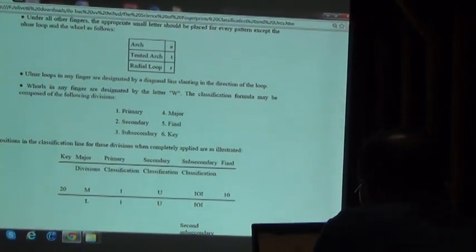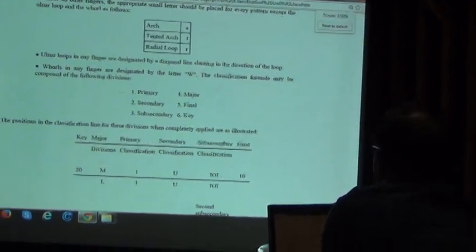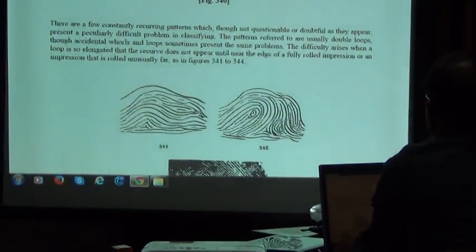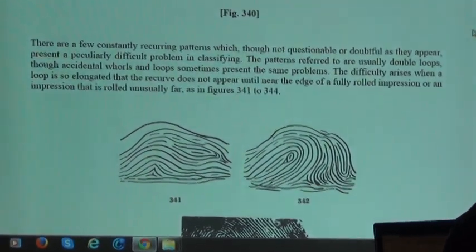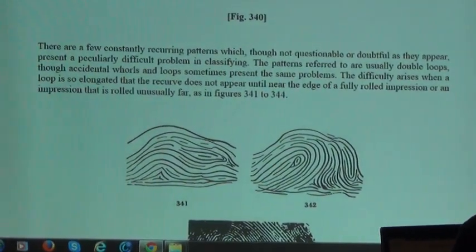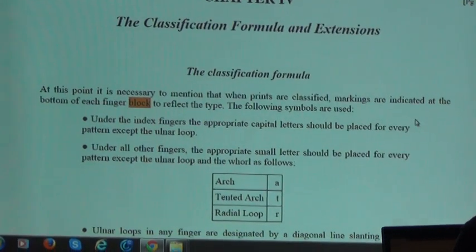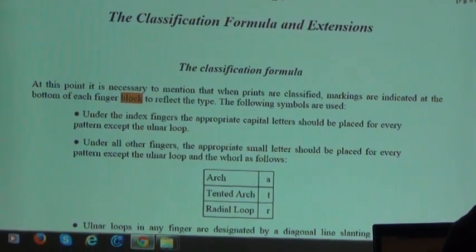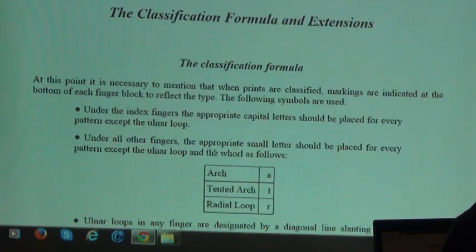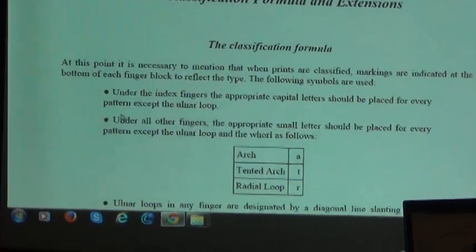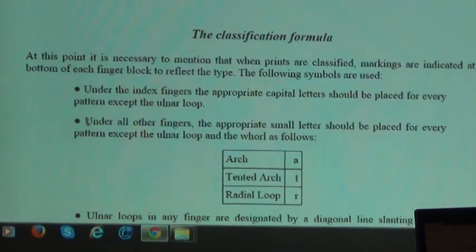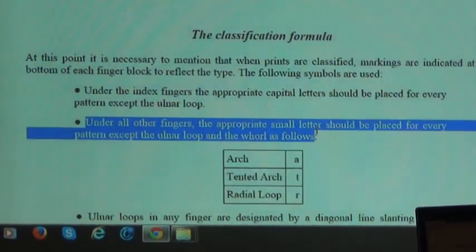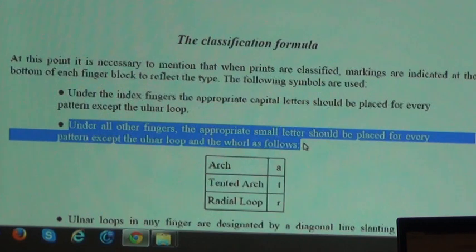So what it says there is that ulnar loops in all other fingers, except for the index finger, must be a diagonal line slanting in the direction of the loop.